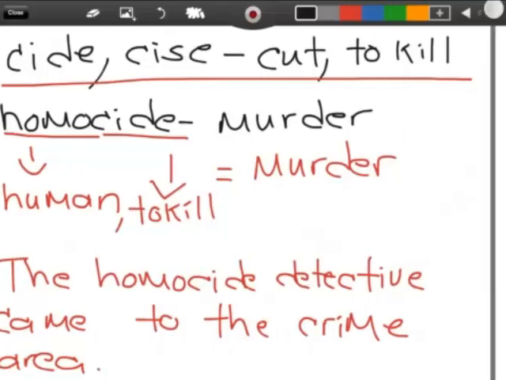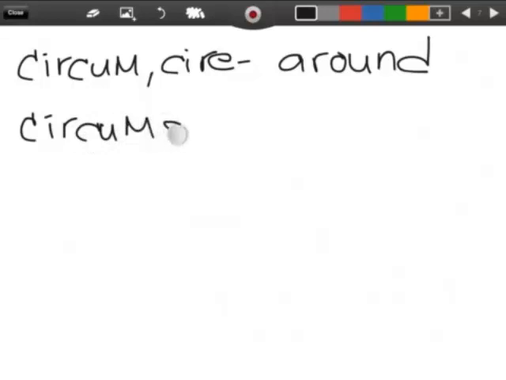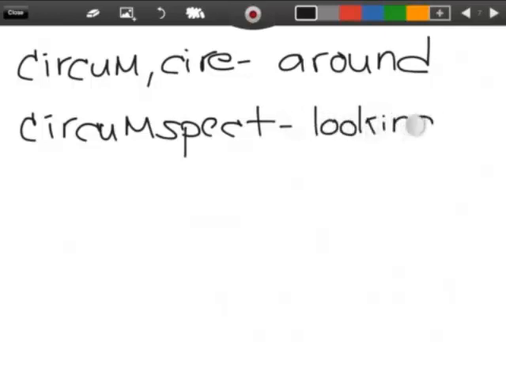Moving on to our next root is circum. And circle, meaning around. I'm going to go ahead and give you an example word. Circumspect, meaning looking around.